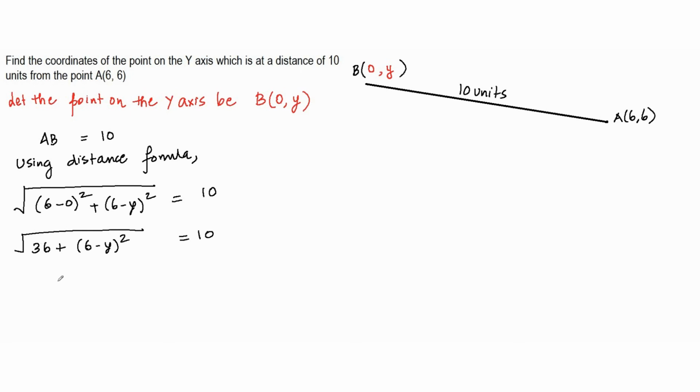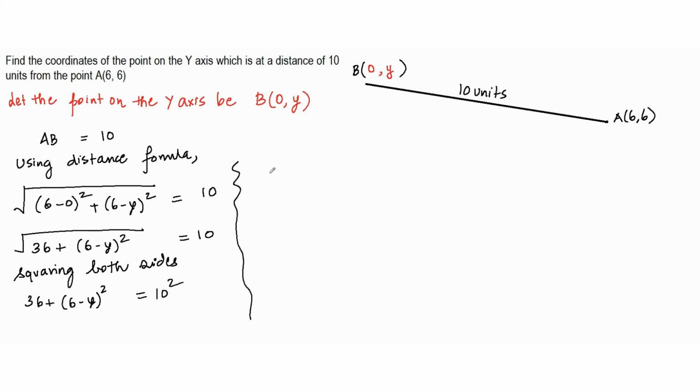If I want to get rid of the square root sign, I will square both sides. So I get 36 plus (6 − y) the whole square is equal to 10 square, which is 100.